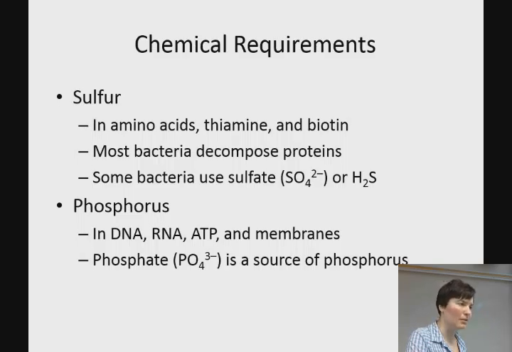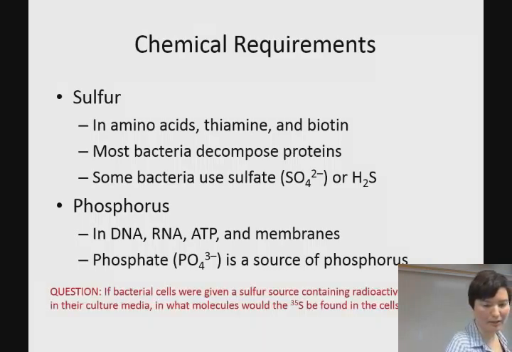It's found in nucleic acids, DNA and RNA, and what else? Phospholipids, and what else? It's also super important for energy. So usually phosphate is just an ion that's floating around in nature, and that's where we get our phosphorus.